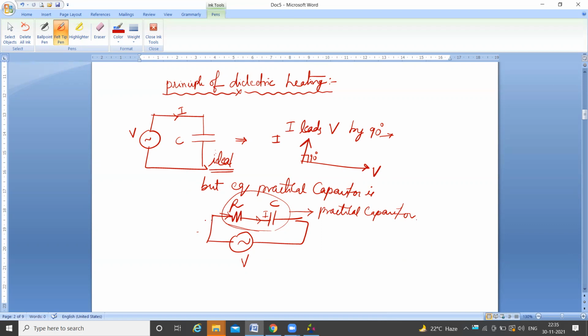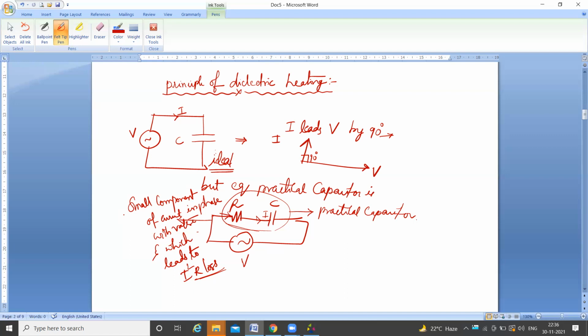The small component of current in phase with the voltage leads to I squared R loss, or heat loss, in the dielectric of the capacitor, and this is referred to as the dielectric loss of the capacitor.